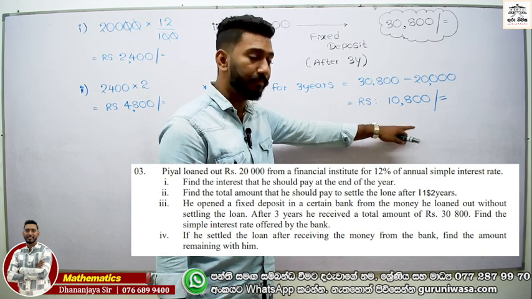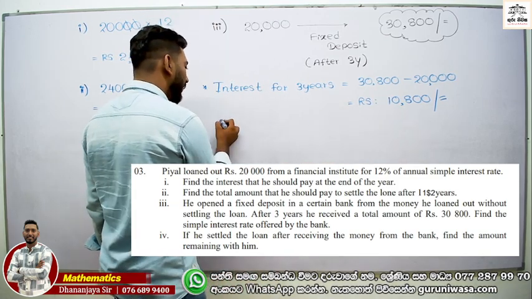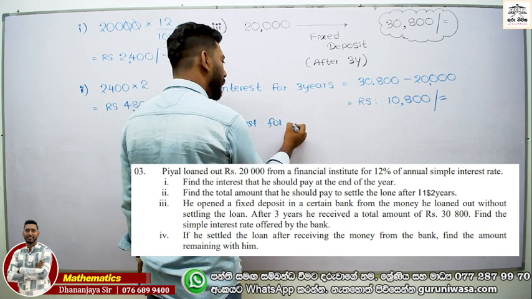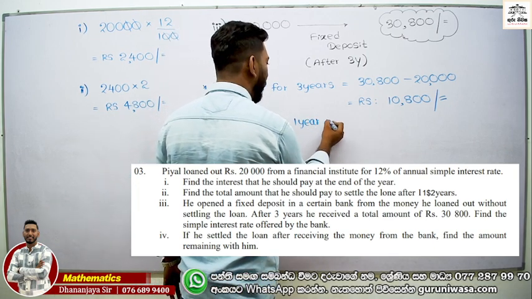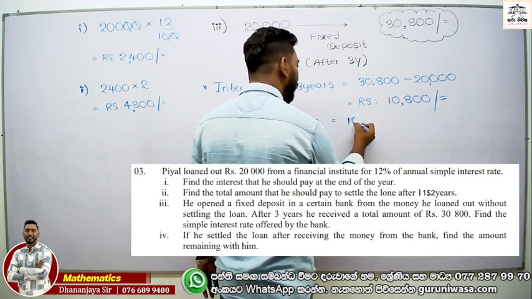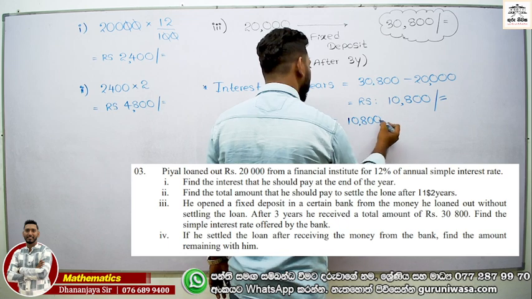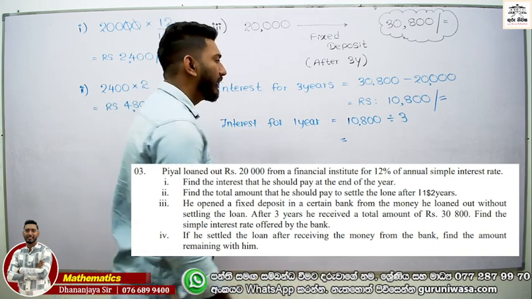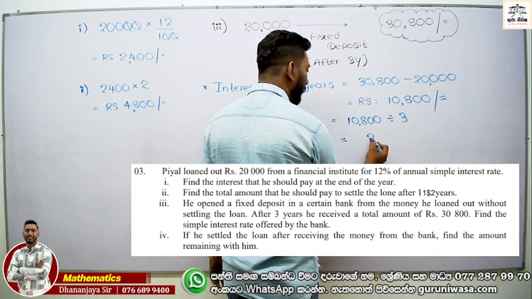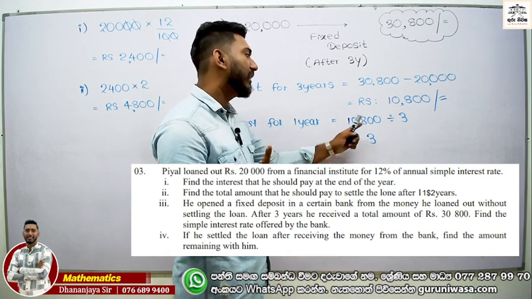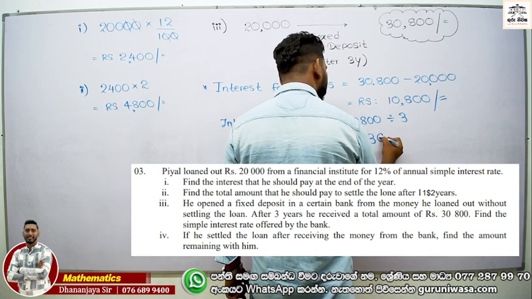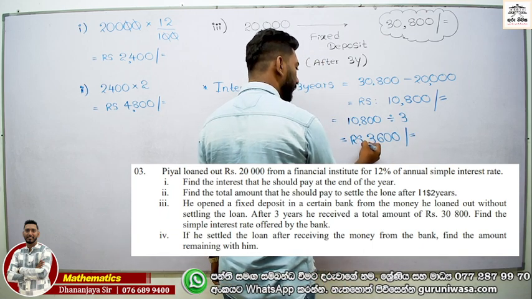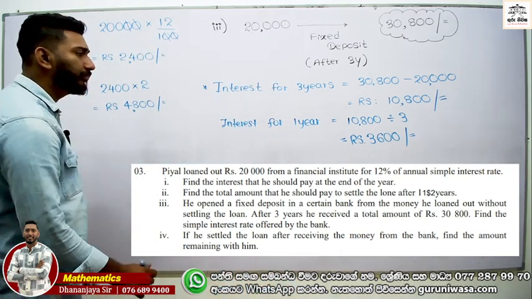Therefore, the interest for 1 year: now you can divide 10,800 by 3. 10 divided by 3 is 3, remainder 1, and 18 divided by 3 is 6. And this is the interest for a year.